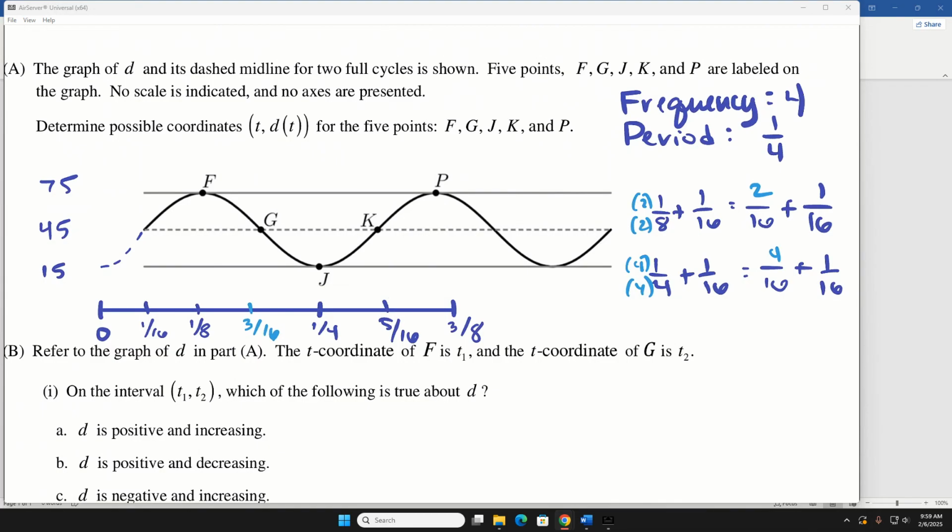All right, now we really don't need these guys over here, but it was helpful to use them. So go ahead and use these values and these values to find the coordinates for F, G, J, K, and P if you haven't already.